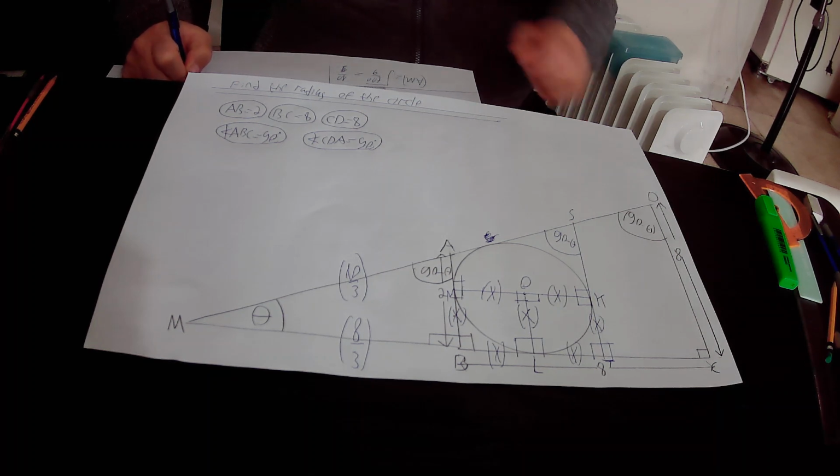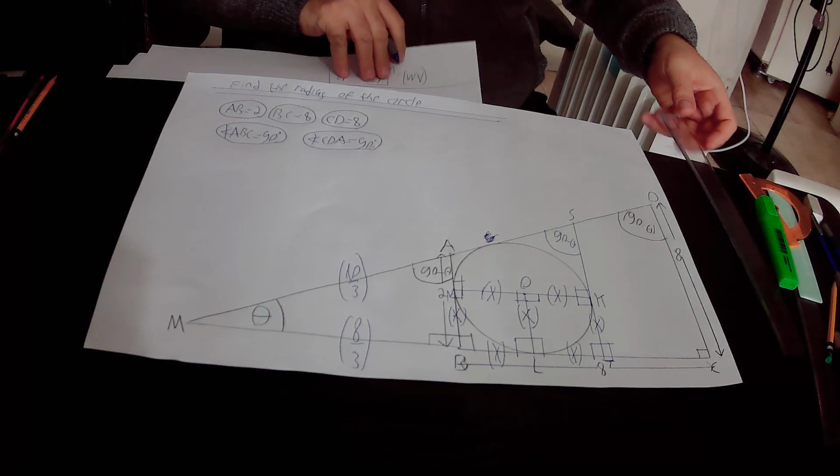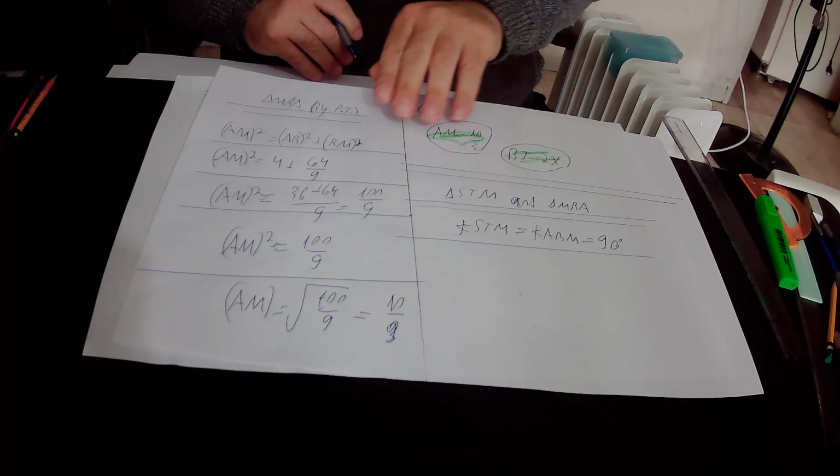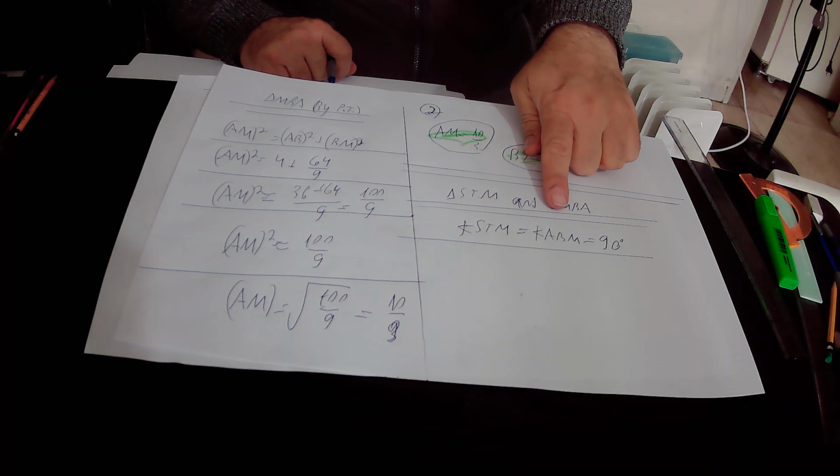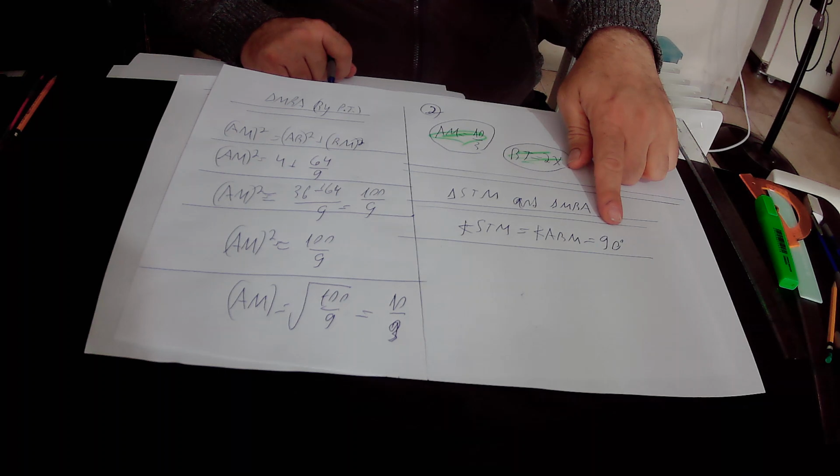Repeat again: angle STM in the right big triangle STM equals angle ABM in the right small triangle MBA. They are both equal to 90 degrees, therefore they are equal to each other.